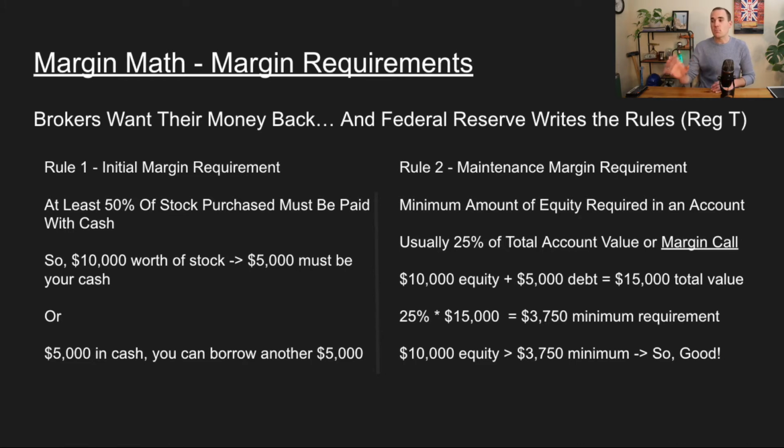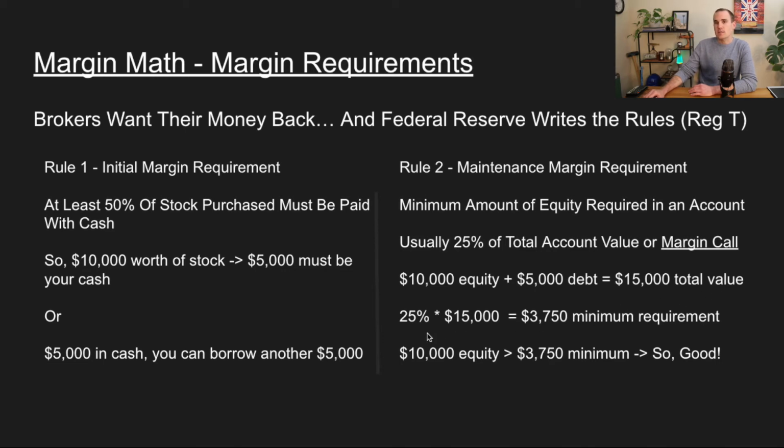And again, the minimum that the Federal Reserve has set is 25%. So let me walk through an example. It'll make more sense. But if we go back to that $10,000 worth of equity plus the $5,000 worth of debt, that's the $15,000 total account value. We've been using this example throughout the video.